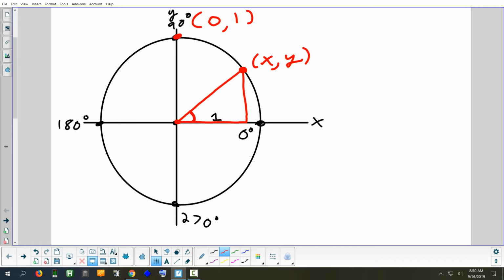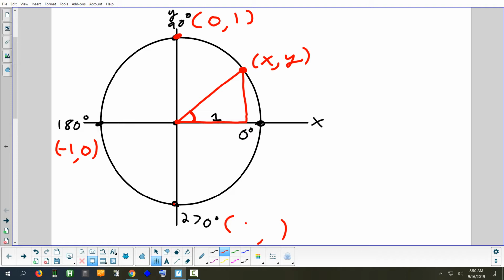How about the coordinate for 180 degrees? Yep, -1, 0. And the coordinate for 270? Megan, could you tell me the coordinate for 270? 0, -1.